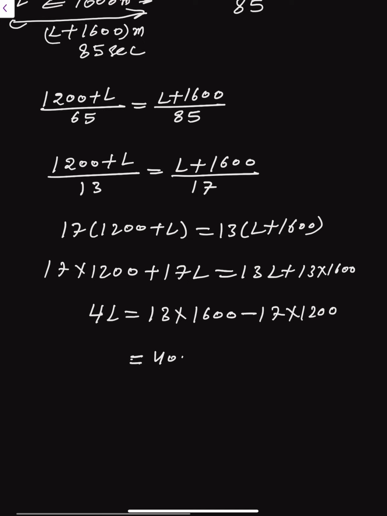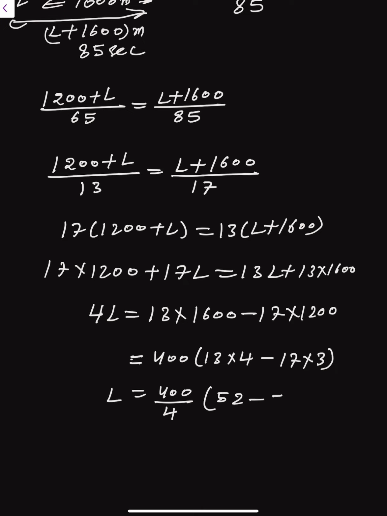If 400 is common, then what about 13 into this one is 10, simply this one 16, so 4 here, 4 minus 17 into 3, so L equals 400 divided by 4 into 52 minus 51, so basically 100. Capital L is 100 meters.